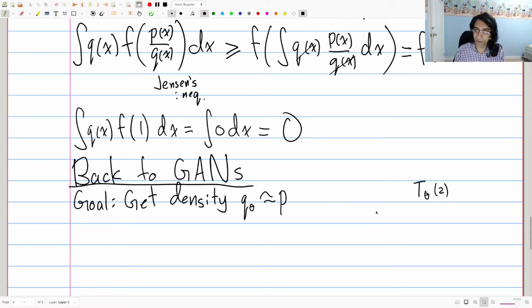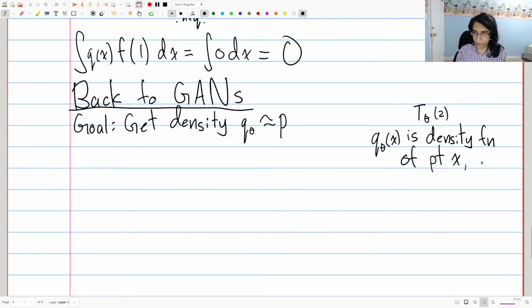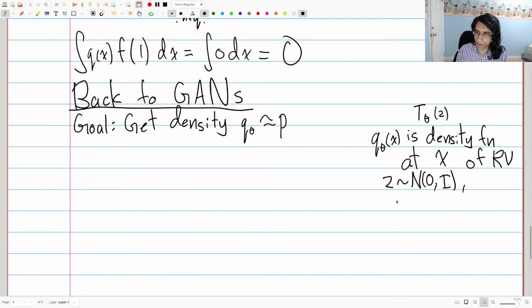So what we're going to say is that q of theta of x is the density function at point x of the random variable defined as follows, where we first draw z generated according to a normal distribution N(0, I), and then output T sub theta of z.